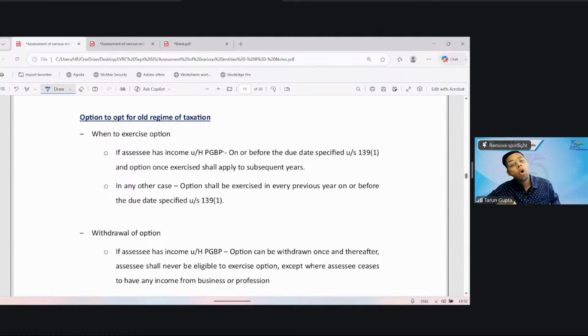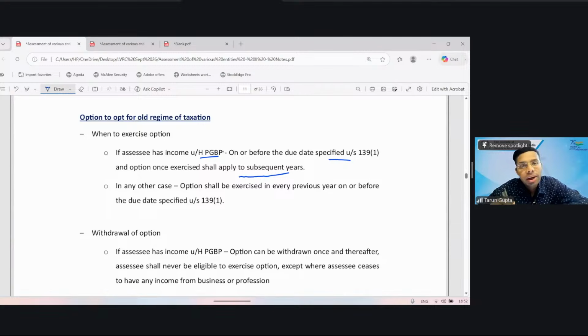Now, if you want to opt for the old regime, meaning if you want to opt out from the new regime, from the default regime, then if you have an income under PGBP, you have to opt out on or before the due date referred to in section 139(1) for furnishing return of income. And the option once exercised shall apply to the subsequent years. So once you have opted out, you will be governed by the old regime for the subsequent years as well.